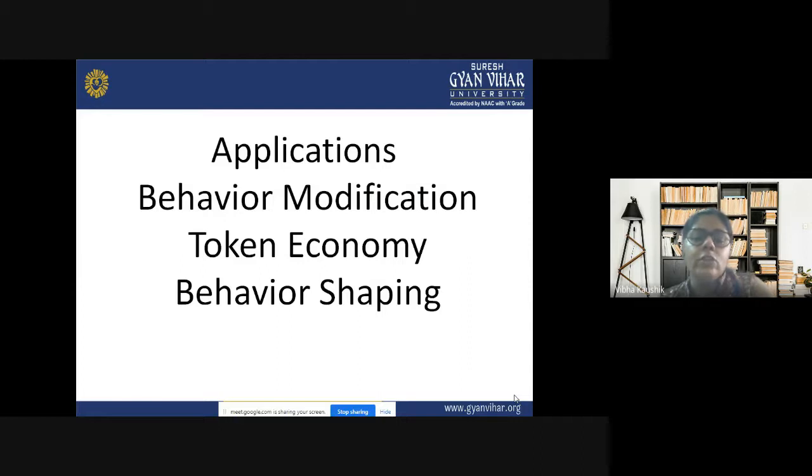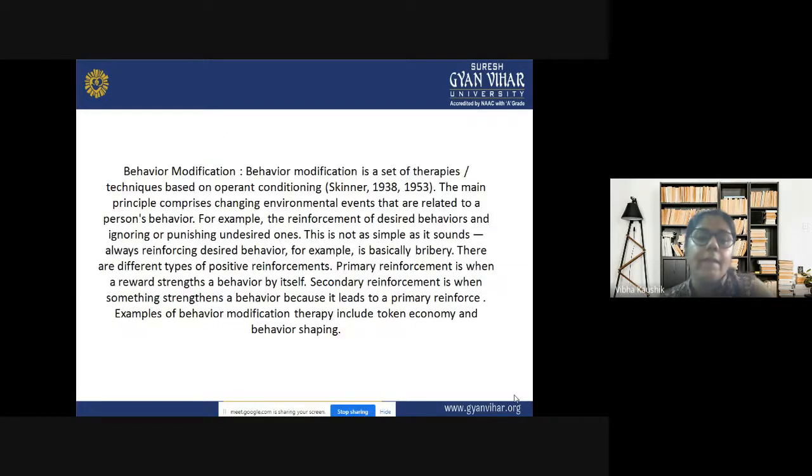Now, applications of Skinner's operant conditioning: behavior modification, token economy, behavior shaping. First we will discuss the concept of behavior modification. Behavior modification is a set of therapies and techniques based on the operant conditioning of Skinner.